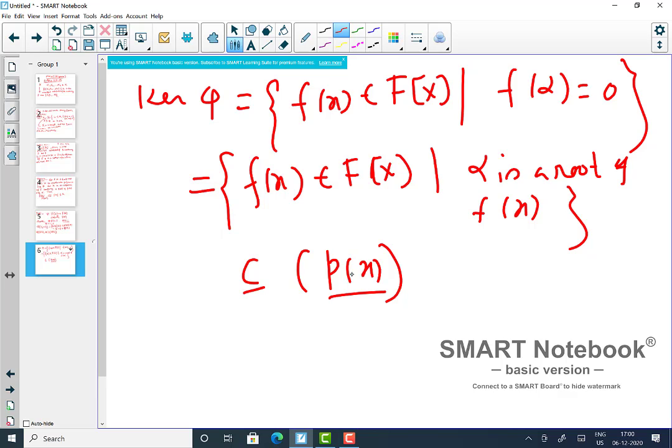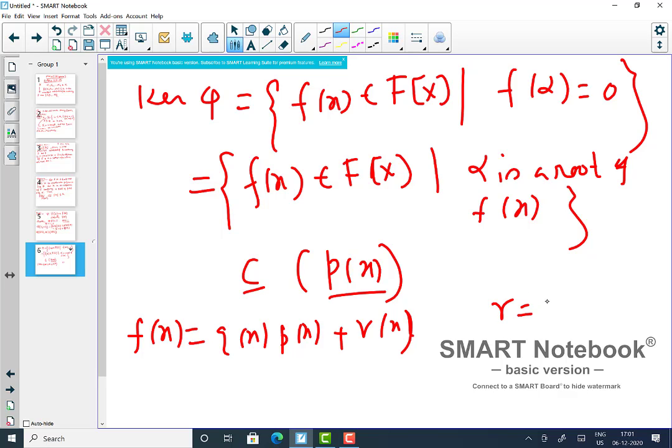And you can use the division algorithm: if you divide f(x) by p(x), you get q(x)p(x) plus r(x), and r(x) is either identically 0 or has degree less than the degree of p. Yeah, so p(x) is sitting inside the kernel, that is obvious, because p(alpha) equals 0.